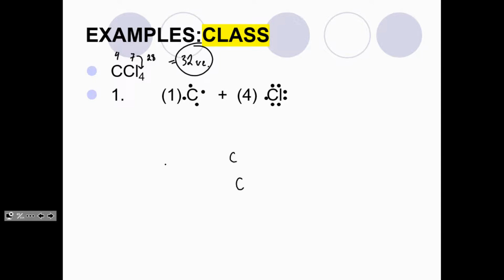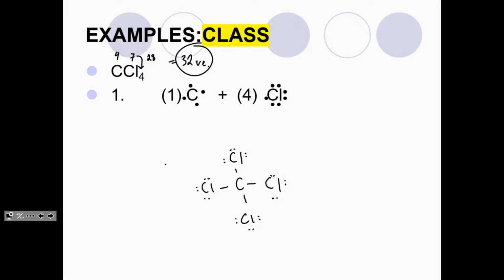Carbon is going to go in the center. Chlorines will be on the outside. I'm going to connect each one with a bond, and then I have to fill in dots to make sure that each chlorine has 8, because it follows the octet rule. Lots of dots. Carbon has 4 bonds attached to it, which means it has 8 electrons there.